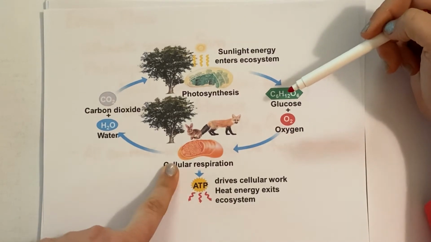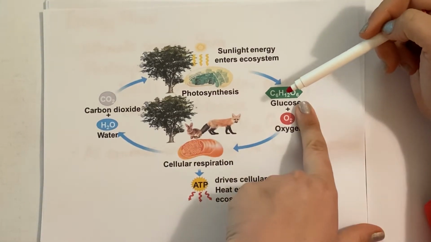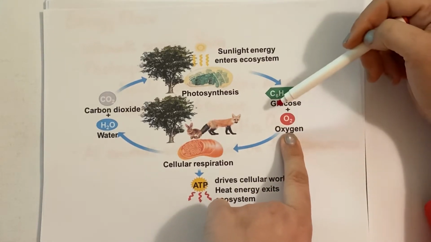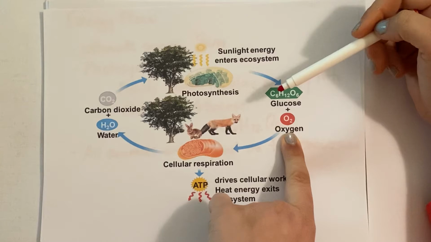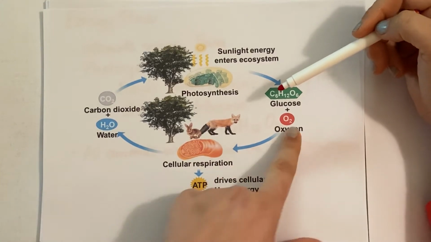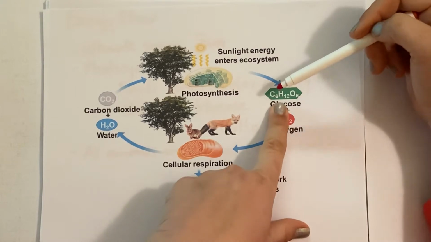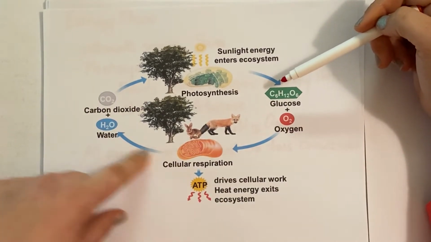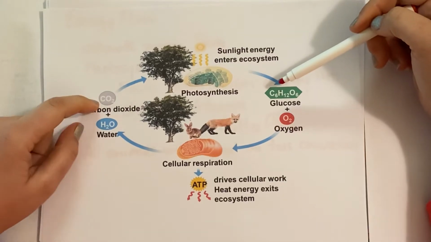During the process of cellular respiration, glucose will be broken down, and O2 is used to actually break down glucose. Then we have a byproduct of water and carbon dioxide.